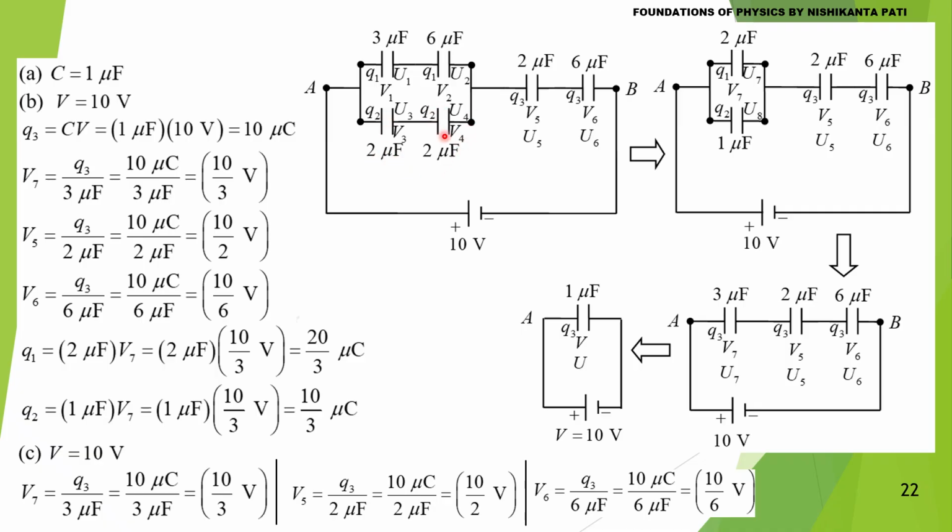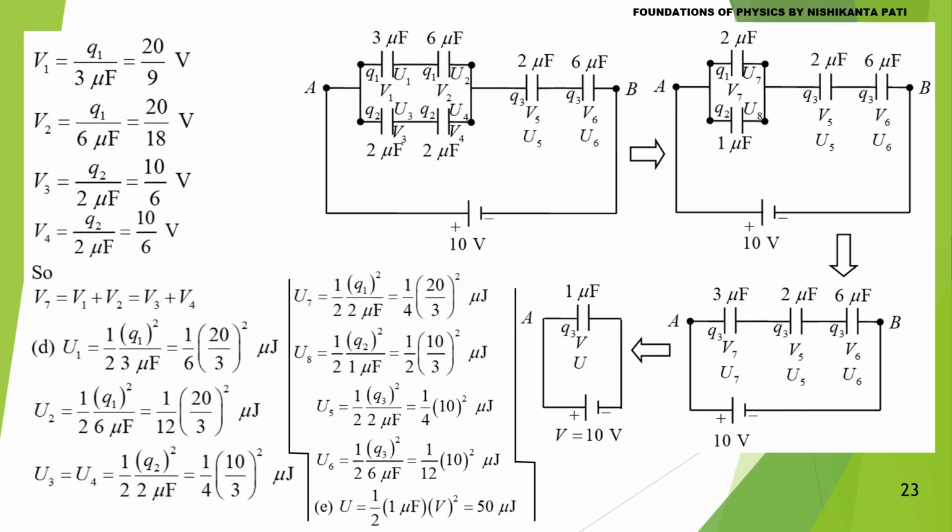V4 is Q2 by 2 microfarad. Then energy E1 is Q1 square by 2C or half C into V1 square. Similarly, for the energy of the other capacitors, here the energies are, here the potential difference across different capacitors.